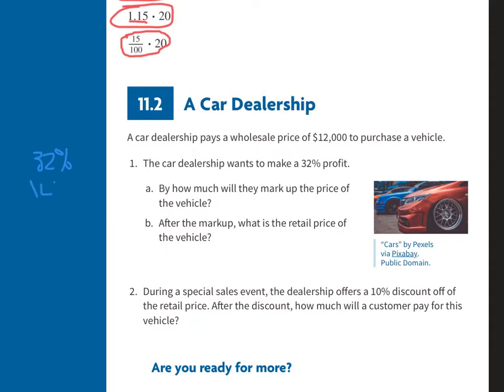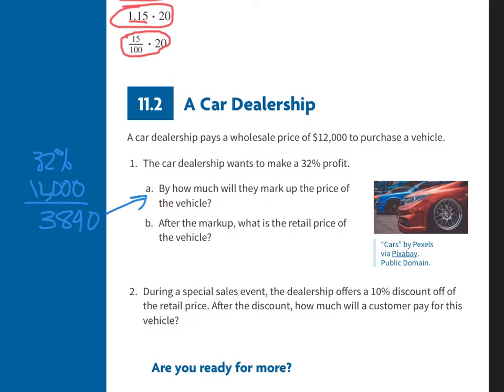32% times 12,000 gives me 3,840. That's letter A. After the markup, what's the retail price?